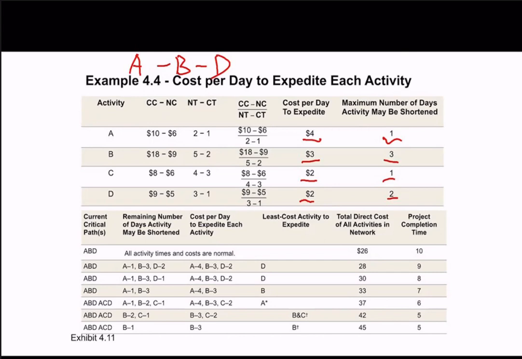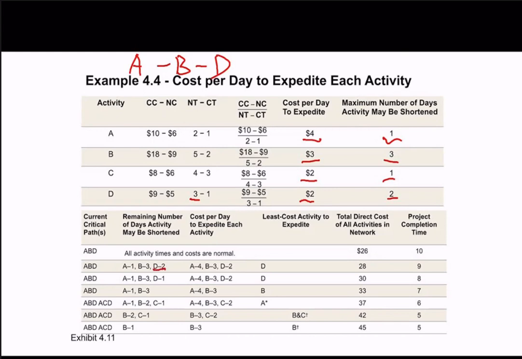So we choose to reduce D. The normal time for D is 3. Now we reduce 3 to 2 because we minus 1 day. So we have D as 2.